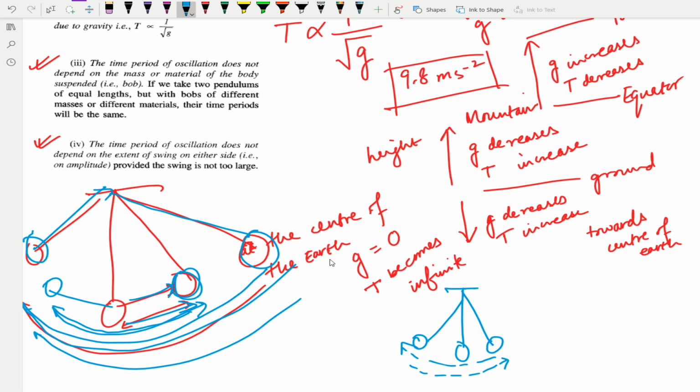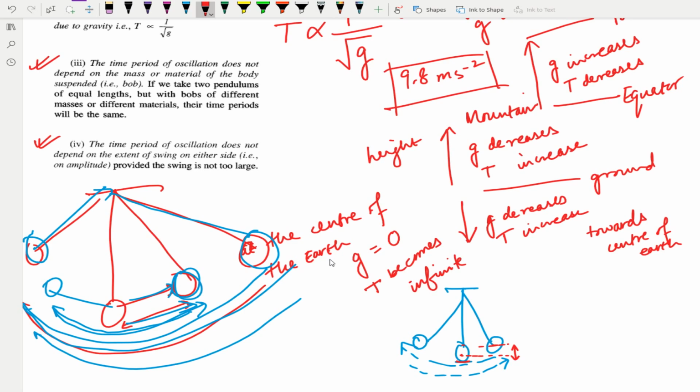Because from the mean position, till the extreme position, this is the difference in the height. Not much of a difference. So the acceleration due to gravity or the force acting on it is smaller. So the velocity of swing is less.